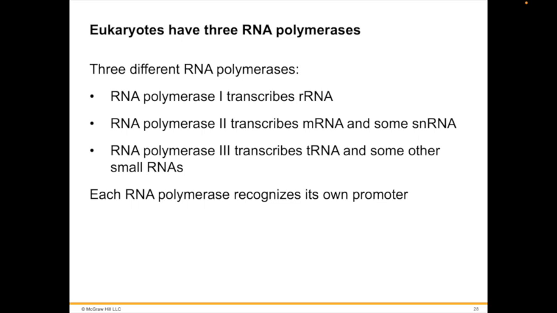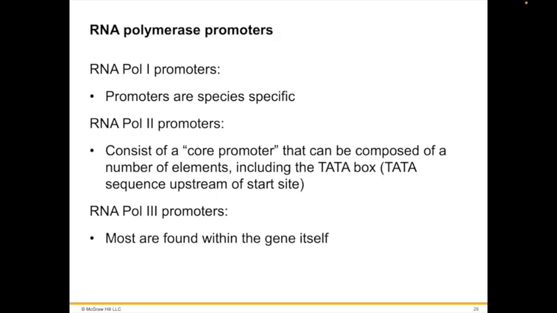The 3 eukaryotic RNA polymerases require different control elements in the DNA to allow each polymerase to recognize where to initiate transcription. Each polymerase recognizes a different promoter structure, which I will not get too specific on. So RNA polymerase 1 promoters are species-specific.